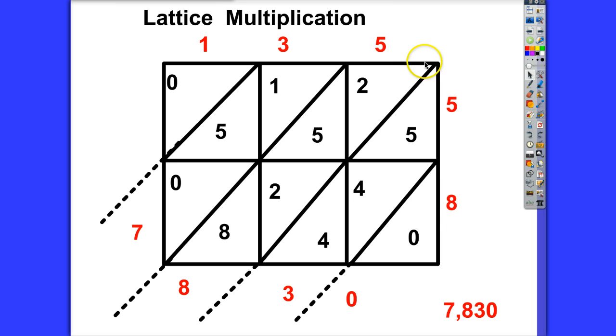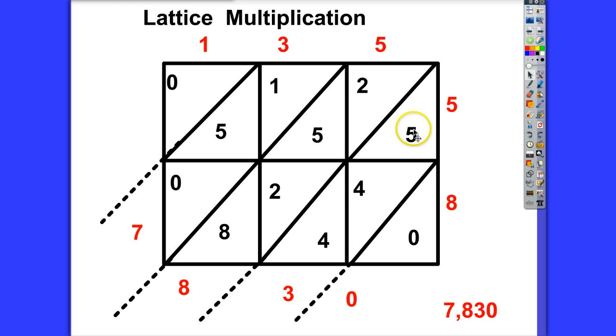And I have 5 times 5. So I'm going to start multiplying again. The horizontal times the vertical. 5 times 5. And notice I wrote the ones place in the lower section and the tens in the higher.